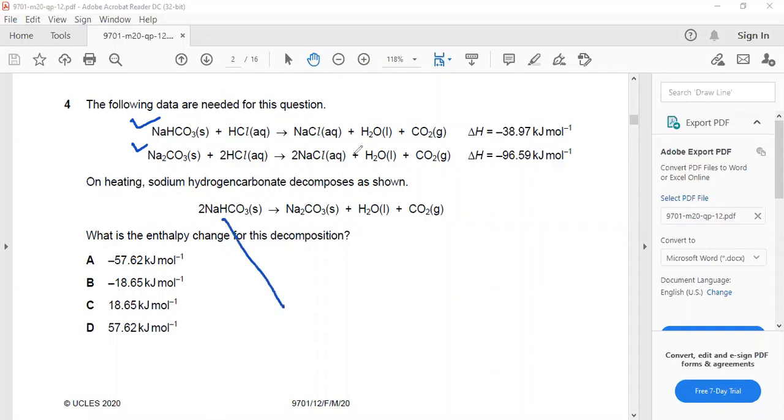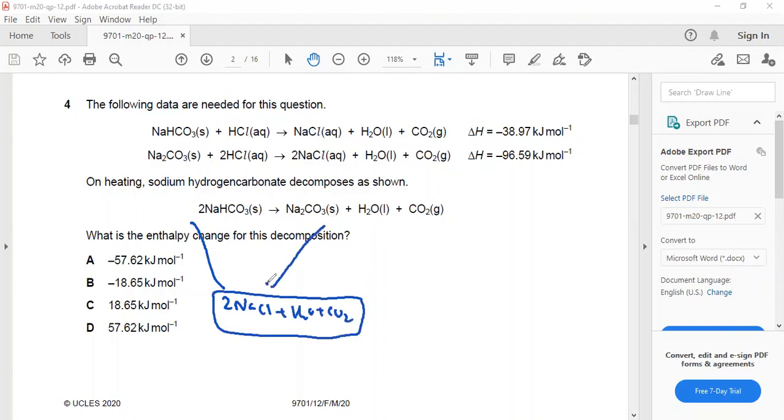So if I write the products of both equations, NaCl plus water plus carbon dioxide. Suppose I write it in a way that it should be in between these two. NaCl plus water plus carbon dioxide. Okay, sodium carbonate, and the value is minus 96.59, because this is 2 mole and here it is 1 mole.